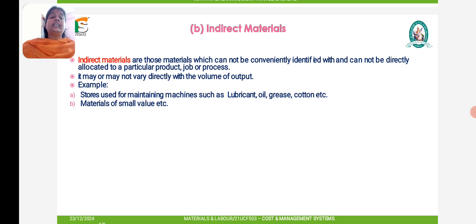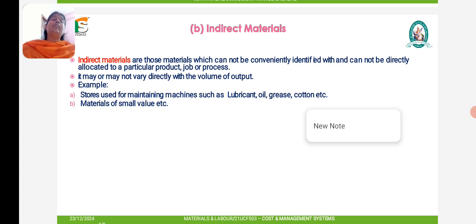Stores used for maintaining machines, such as lubricant, oil, grease, cotton, etc. So what they are telling is, there is a manufacturing and the machinery is there. For better running of the machinery, it has to be oiled, it has to be greased. So lubricant, oil, grease, cotton, everything is needed. Those materials are not directly needed, so it is called indirect material.